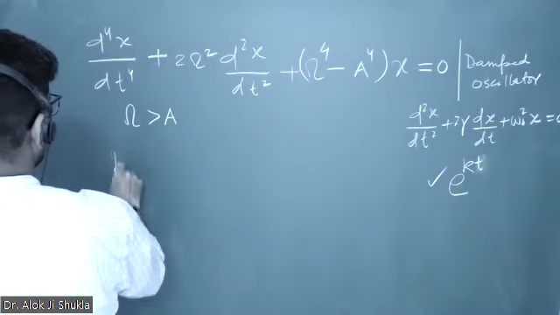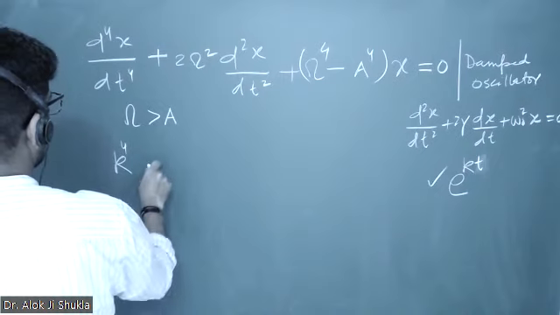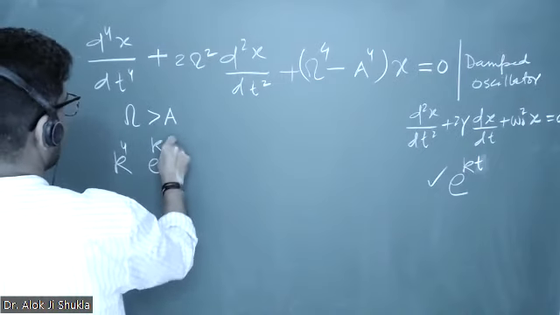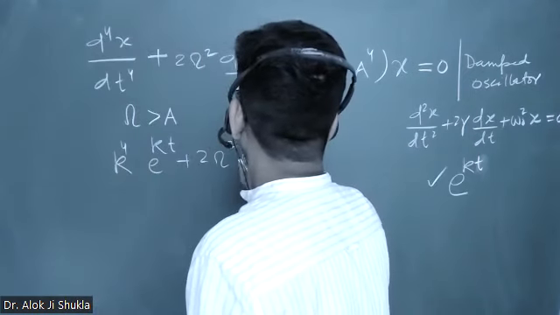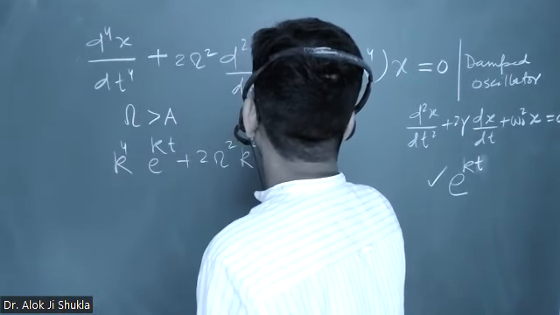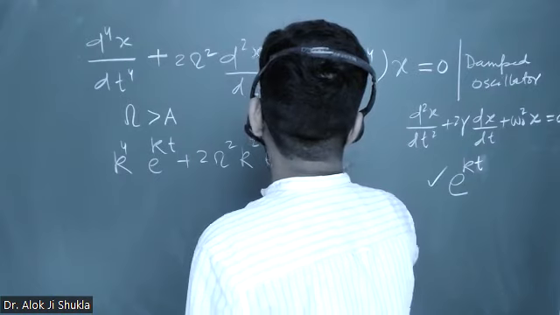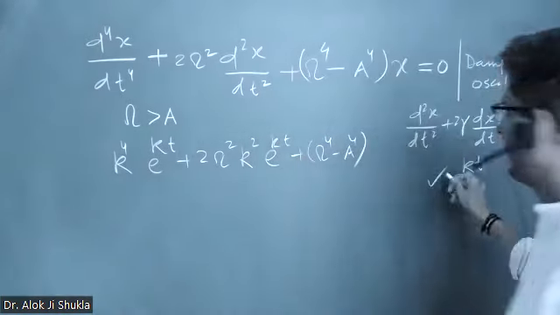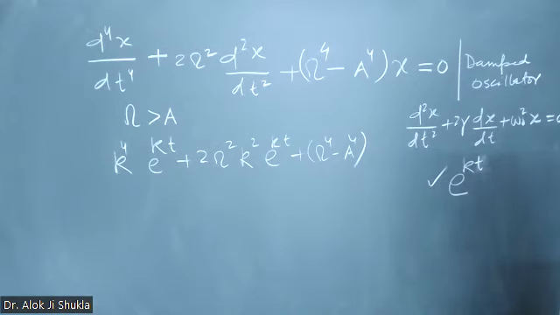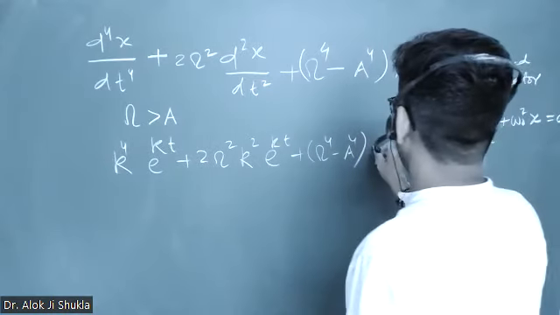Its fourth time derivative will be k to the power 4 e to the power kt plus 2 omega square k square e to the power kt and plus omega to the power 4 minus a to the power 4, we can take a also, a e to the power kt, but ultimately that is going to finish.